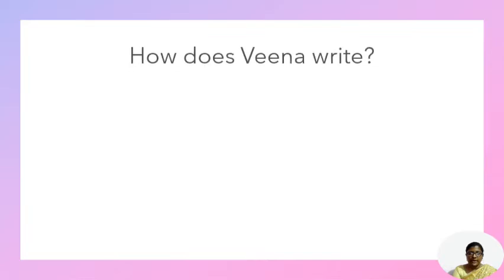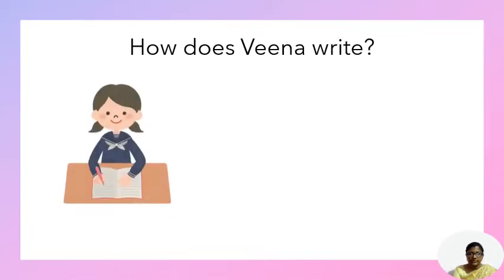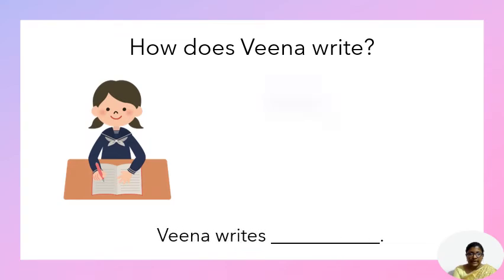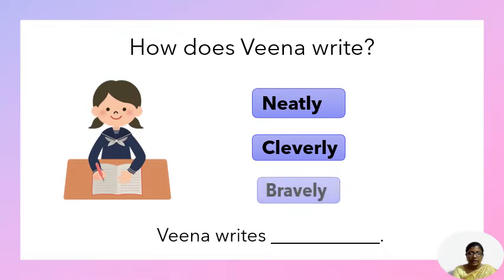Now I am going to ask a question. How does Veena write? Veena writes neatly or cleverly or bravely. We have to select the answer which suits the question how.